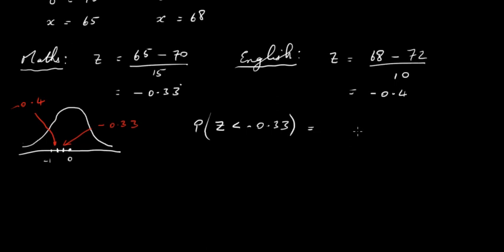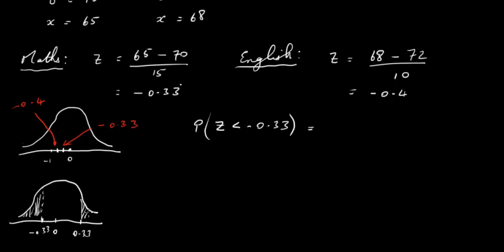If we draw this again, if we have 0 here and we have minus 0.33 here, now we want the probability of being less than that, so down here. We can't look up negative numbers in our tables anyway, so we need to look at plus 0.33.